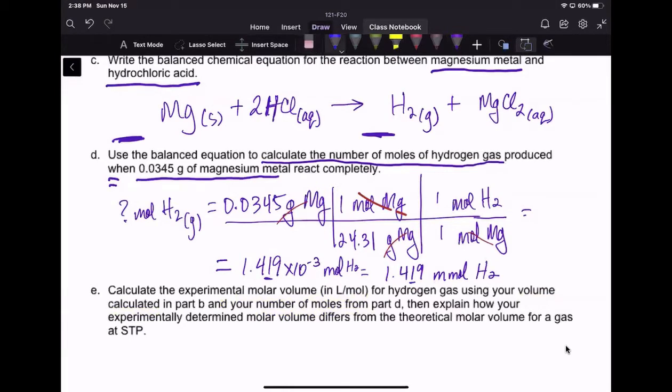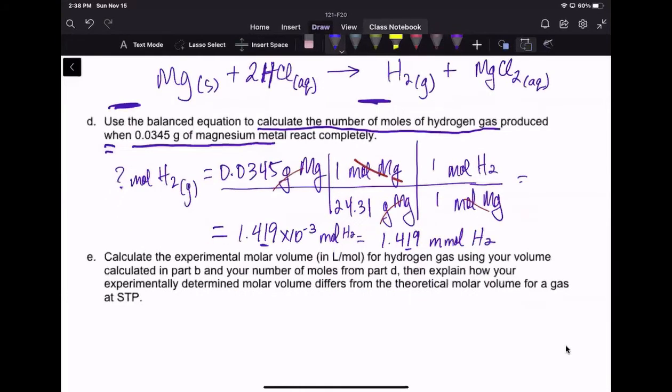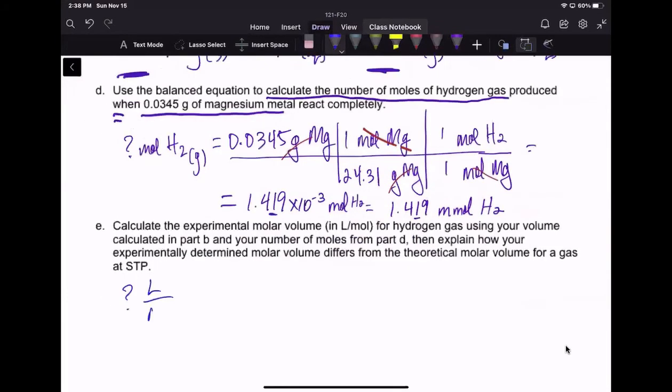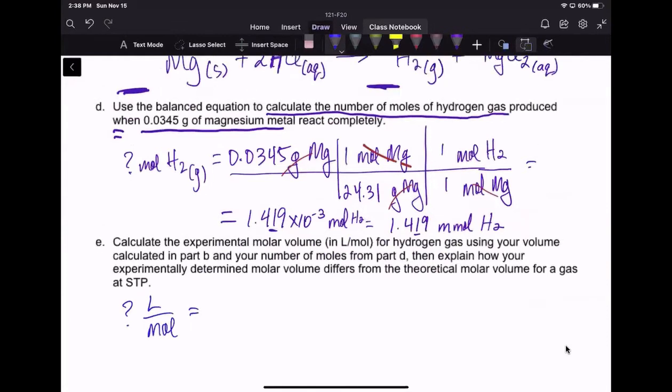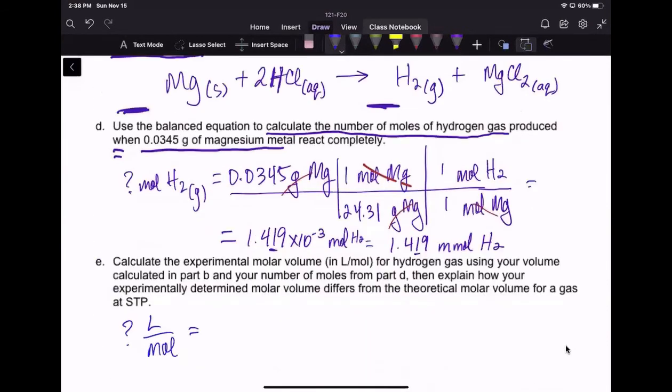Okay, so let me write what I'm looking for. How many liters per mole did I have when we had 31.73 milliliters. Now that was good to 3 digits, but I'm going to keep an extra digit here. And that was our hydrogen gas.